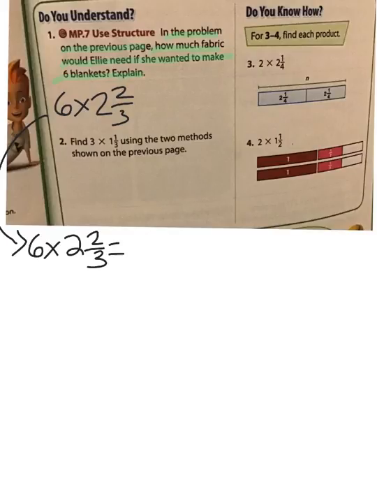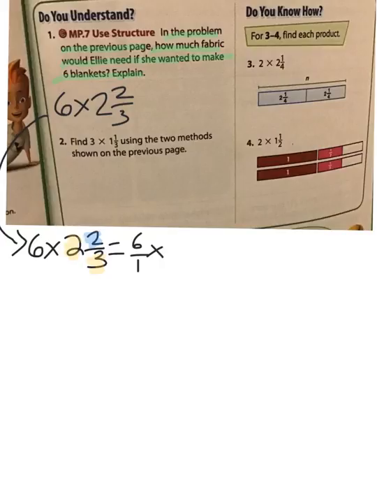We have to change this to 6/1 times. Now remember, when we're changing a mixed number into an improper fraction, we're going to multiply our whole number by our denominator, which 2 times 3 would be 6, and then add your numerator. So 2 times 3 is 6, plus 2 more is 8.